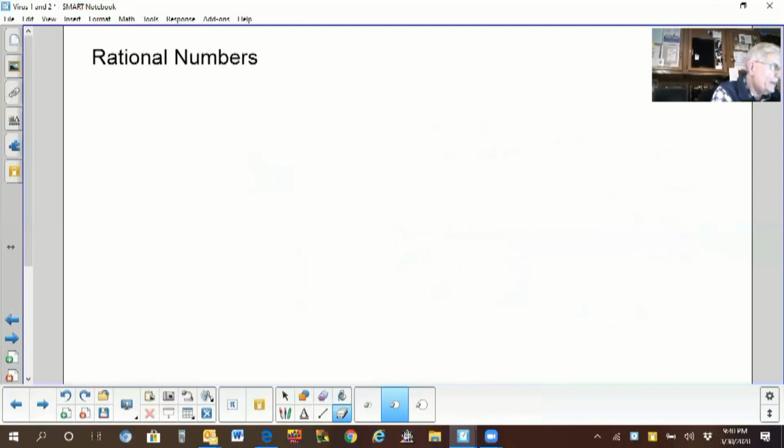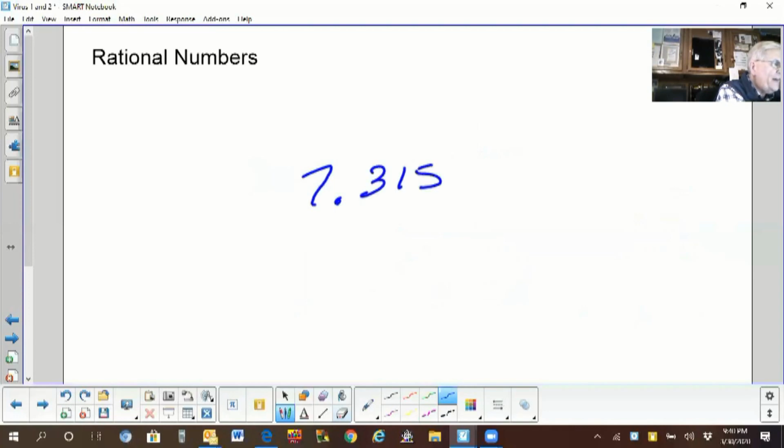Okay, when you take a repeating decimal, as long as it's a chunk that you are trying to change back to the fraction it came from, for example, if I want to write 7.315 bar as the fraction it came from, remember you would keep the 7 because there are 3 digits repeating in the 315.